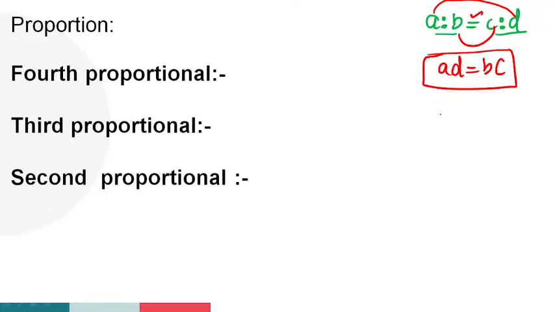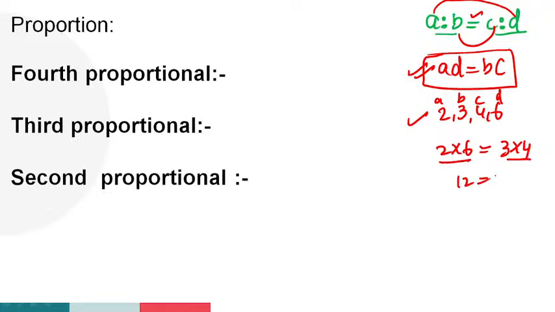For example, 2, 3, 4, 6. Find out whether this is a proportion. Take them as A, B, C and D. What is the proportion formation? AD is equal to BC. 2 into 6 is equal to 3 into 4. 2 sixes are 12, 3 fours are 12. 12 is equal to 12.